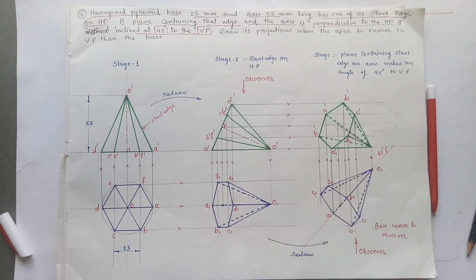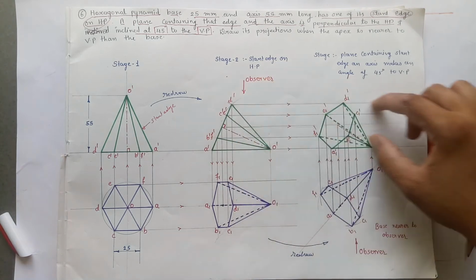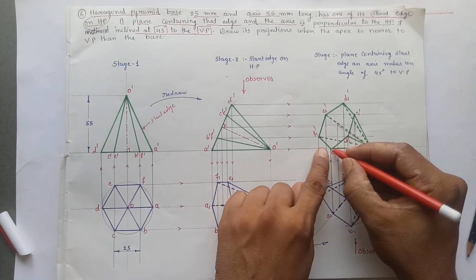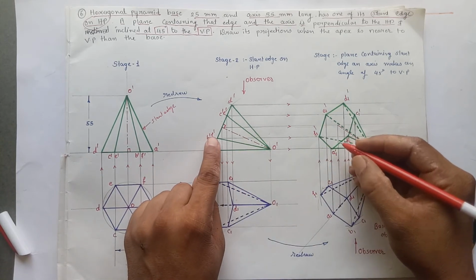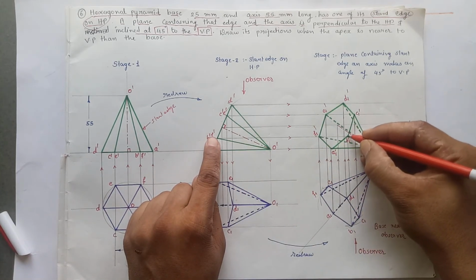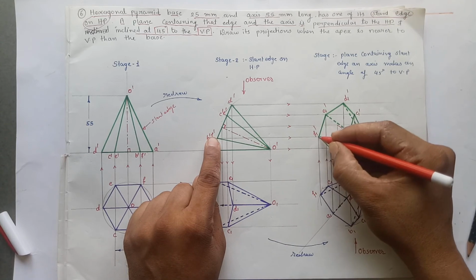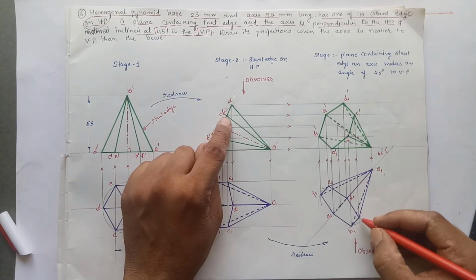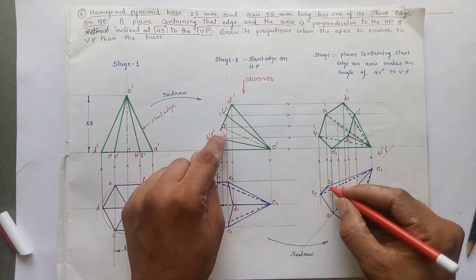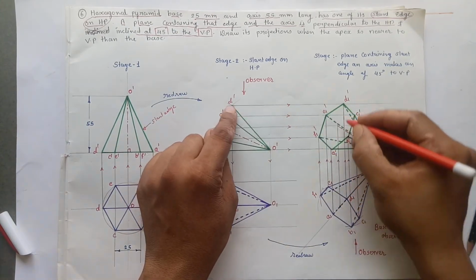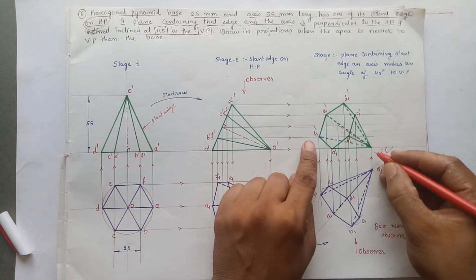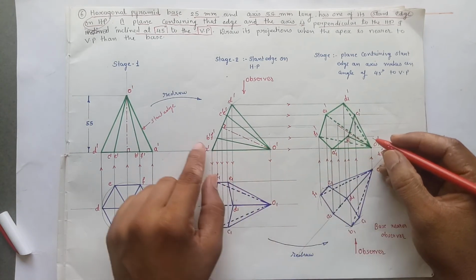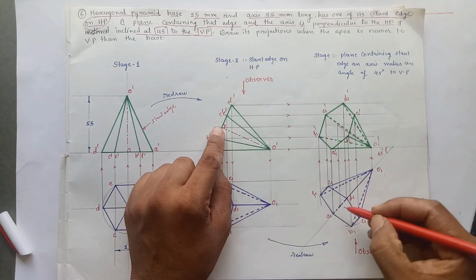Copy this figure over here, project the points vertically upwards, and from here, A, B and F, C, E, D, O, and the line of the axis.